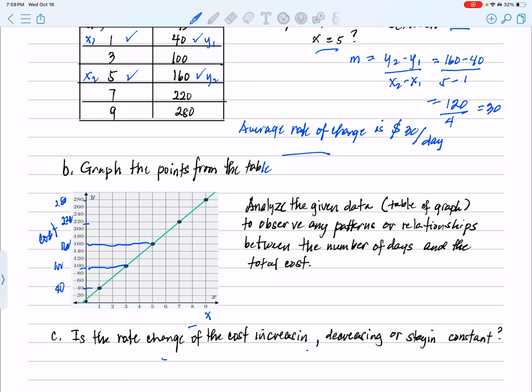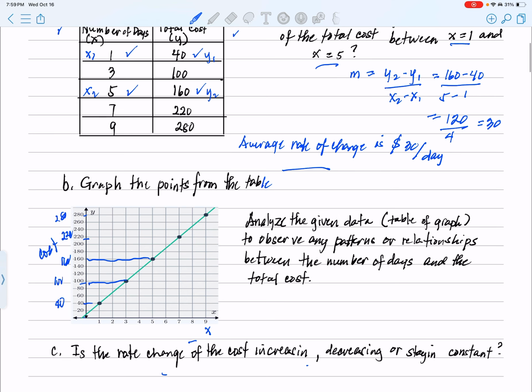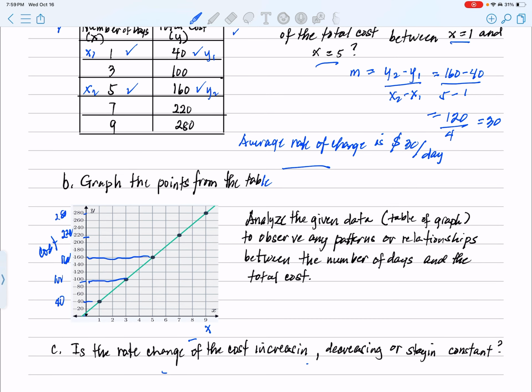So by looking at that, you will know right away that for one day you have 40 in the table, then for the third day, you have 100. So the rate of change of the cost is staying constant.